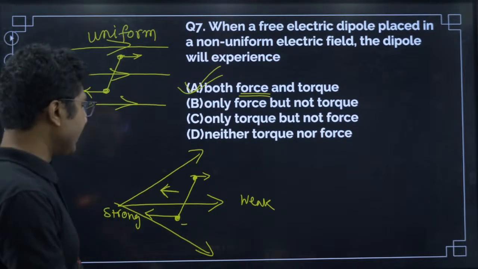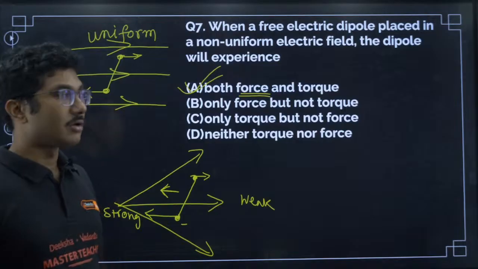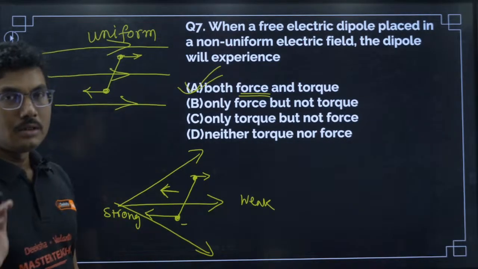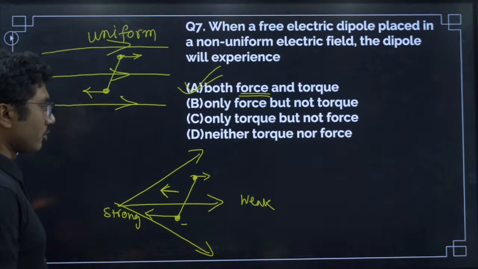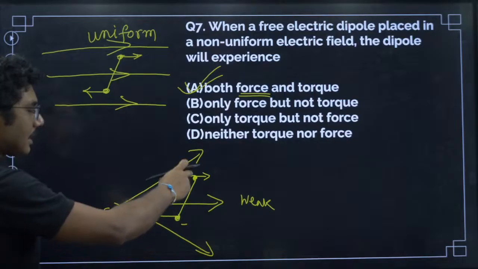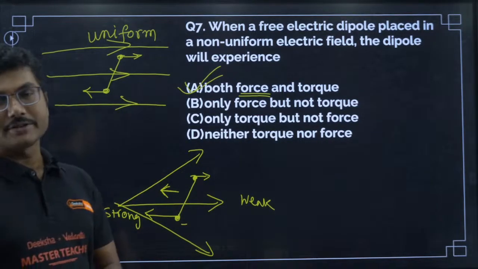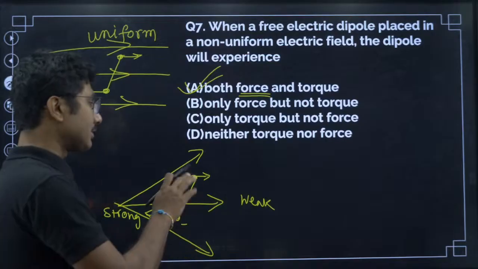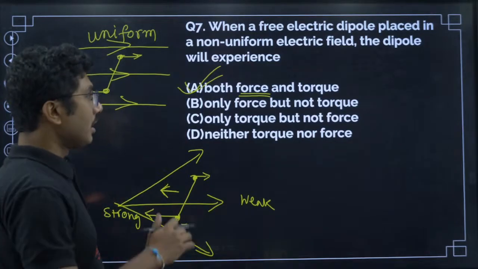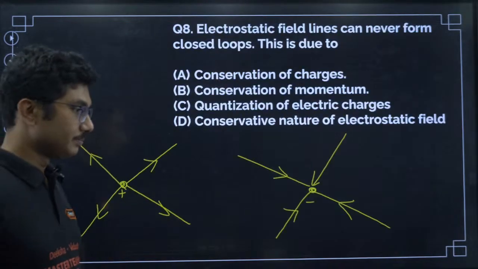So, it will experience force as well as torque, not only torque. Torque will always be there because there are forces acting on these charges, right. Both the charges are experiencing forces. So, that is why torque will be there, but there will be force as well.